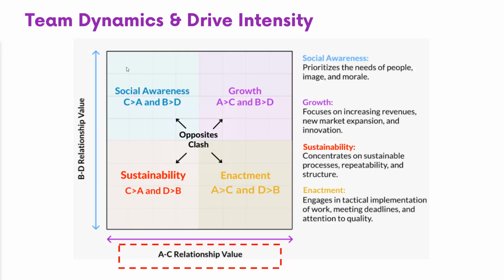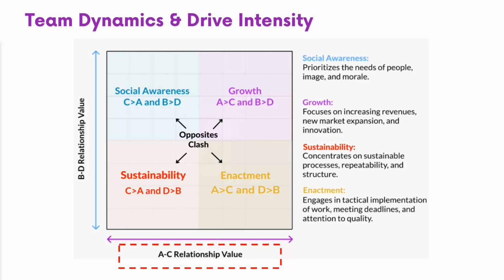And then enactment, in the bottom right-hand quadrant, you're going to have profiles that are very task-driven. These profiles are high A, low B, low C, high D. Give me a goal, give me a task. Let me be a little more transactional with how I go about doing my work. I'm not interested in seeking input or going around and having conversations. I just want to really focus on my outcome and put out fires.